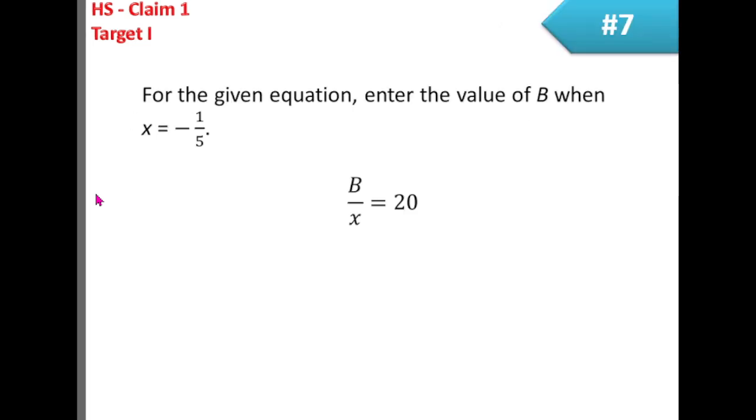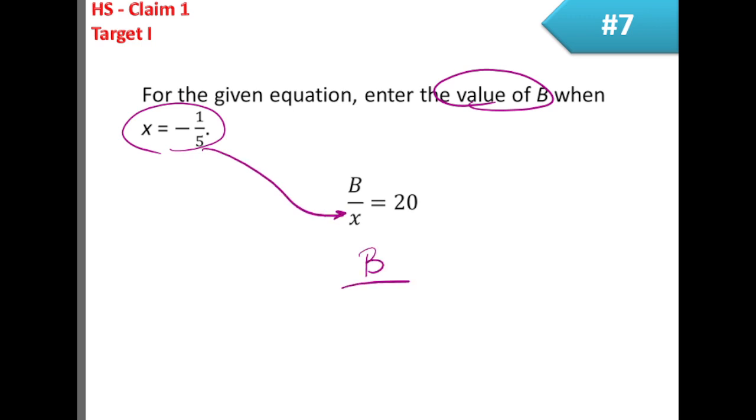Okay, this one you guys might struggle a little bit, and that's totally fine. Value of b, and now x is negative 1 over 5, so I'm going to replace x. So this is b over negative 1 over 5 equals 20. Remember, we always want to get rid of our denominator. What's the inverse of a fraction? Multiplication. So I multiply -1/5 to both sides.